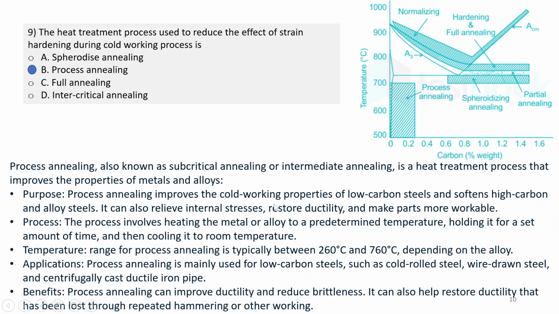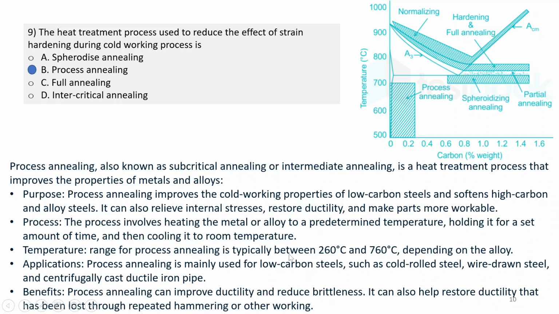It improves the cold working properties of low carbon steel and softens high carbon and alloy steels. It can also relieve internal stresses, restore ductility and make parts more workable. The process involves heating the metal to a predetermined temperature, holding it for a set amount of time and then cooling it to room temperature.